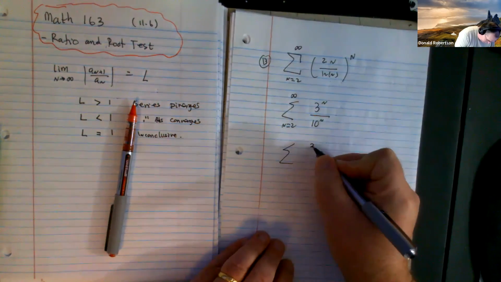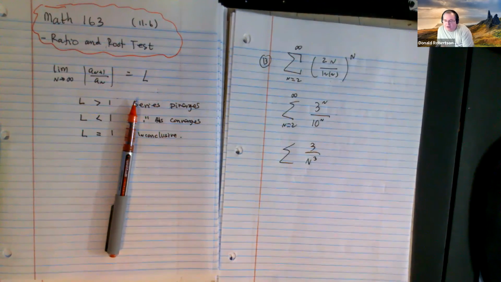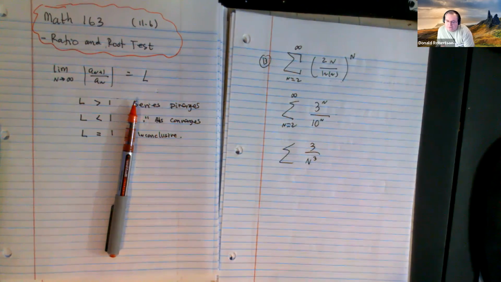If I gave you, in fact, I think one of the homework questions does this, if I gave you that one, you could make your life really difficult or long by doing the ratio test. And the bad news is after you did the ratio test, it's inconclusive. What would be a better test to do for this series? Yeah, isn't it p equals 3 and divergence?